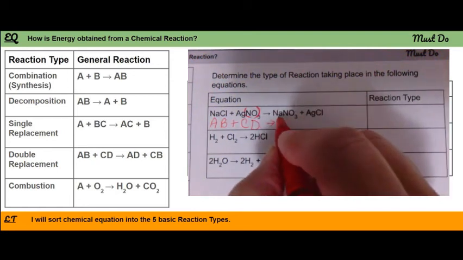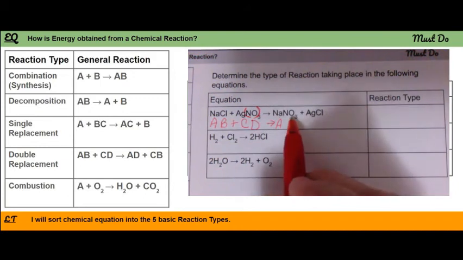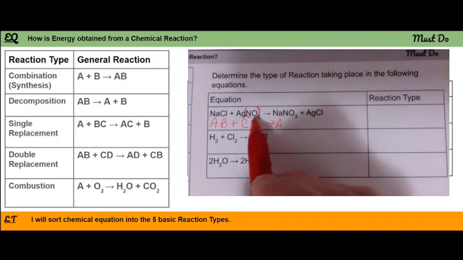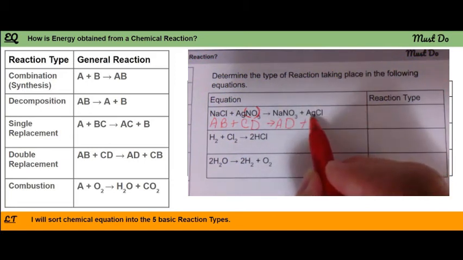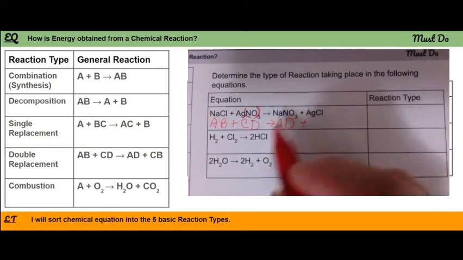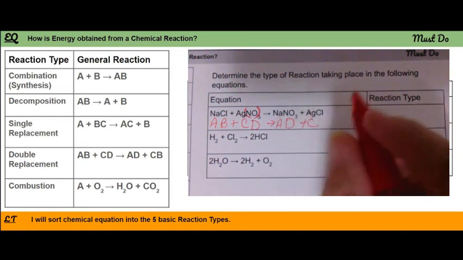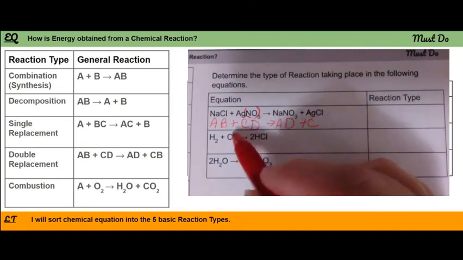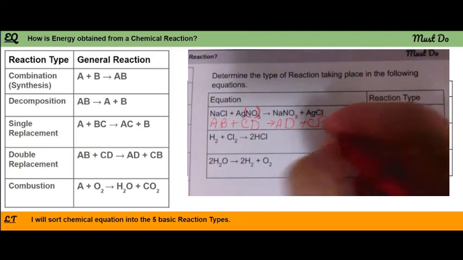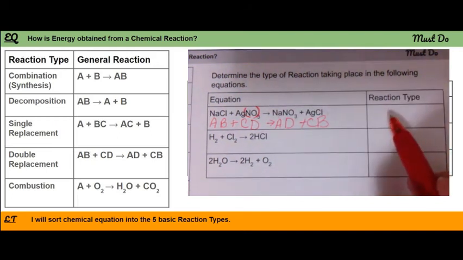So now I have sodium, which is an A, and nitrate, which is D, plus silver, which was C, and chlorine, which is B, and I need to know what type that is.